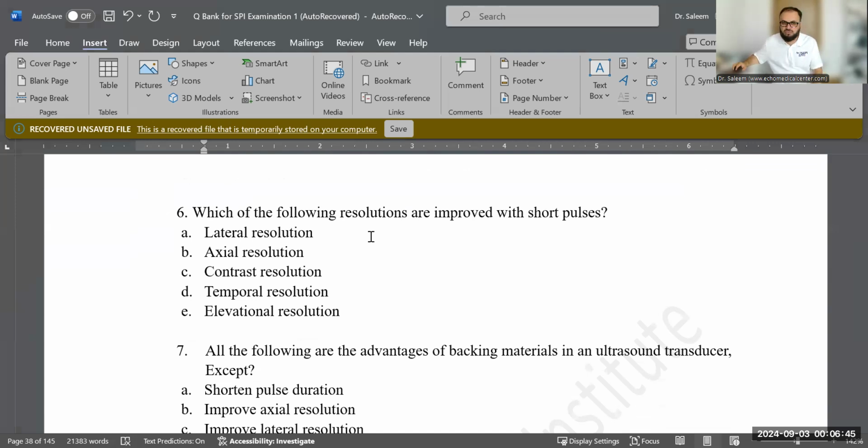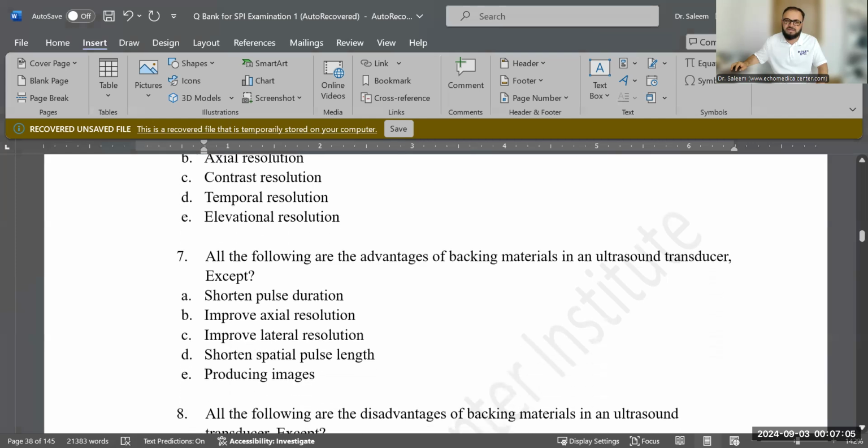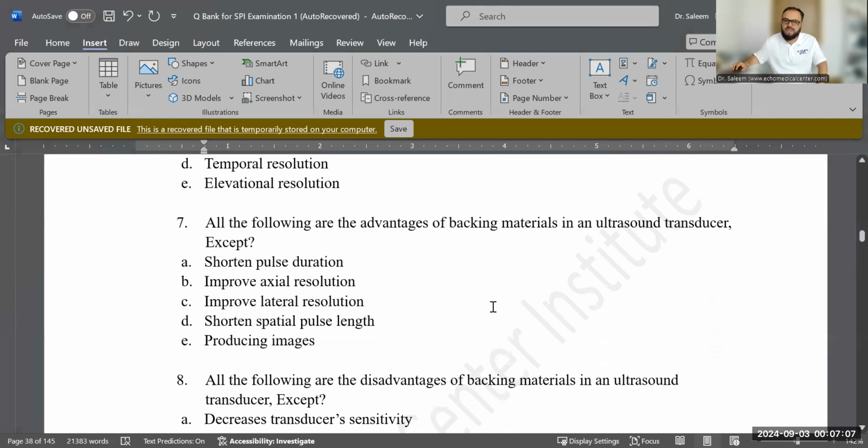Which of the following resolutions can be improved with that? Is it lateral resolution, axial resolution, contrast resolution, temporal resolution, or elevational resolution? What do you think? Yes, of course. Very clear and simple: axial resolution. B is the correct answer because axial resolution is determined by SPL. That is absolutely correct.